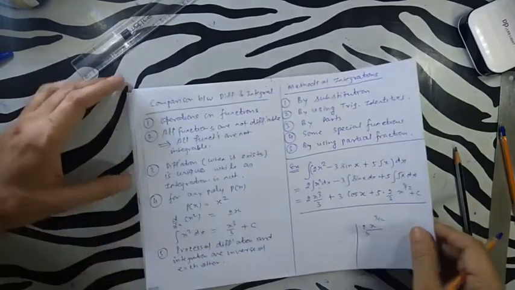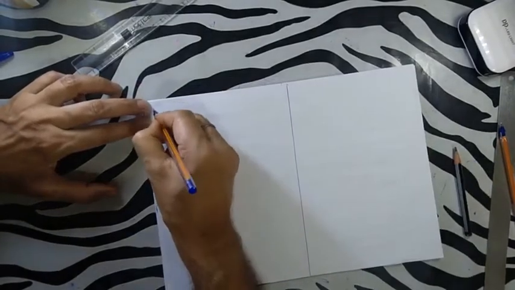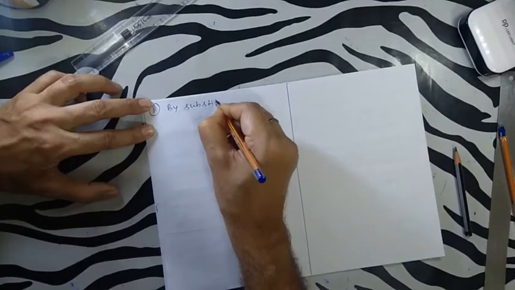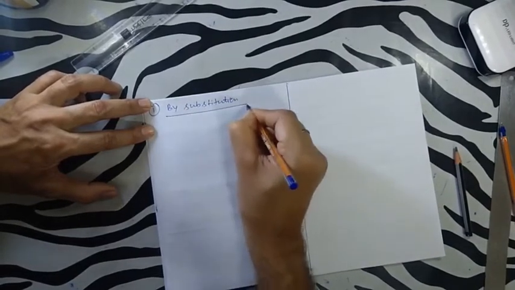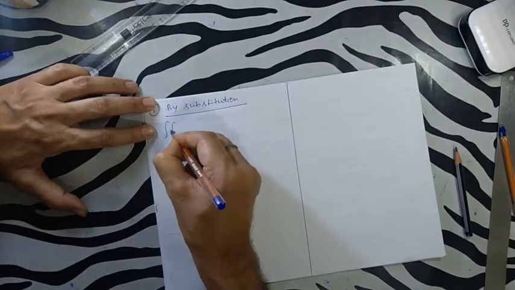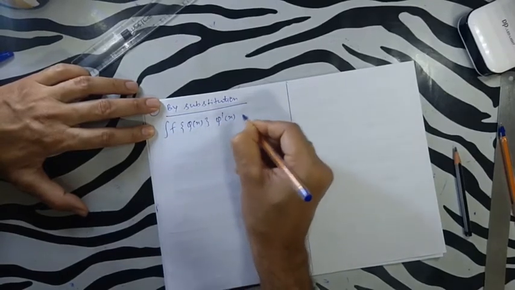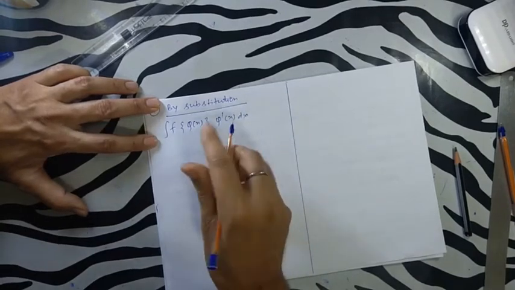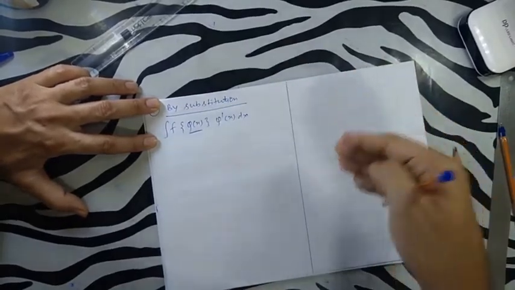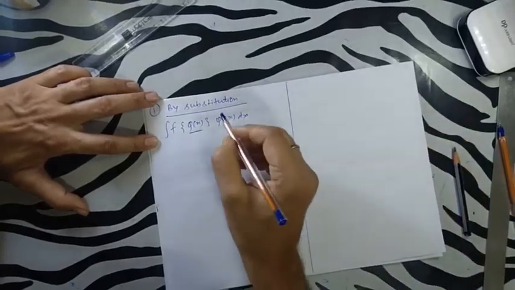Now let us see the first method, by substitution. This is an integral of the form f of phi x times phi dash x dx. Substitution means we substitute to change the integral into the form of a formula given to us.